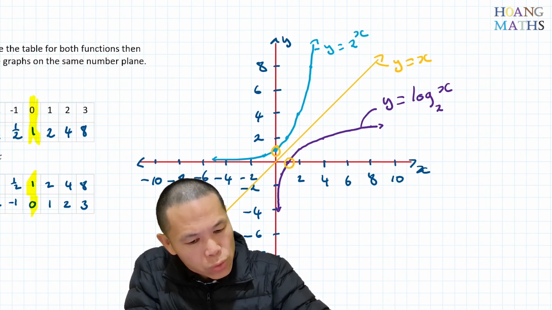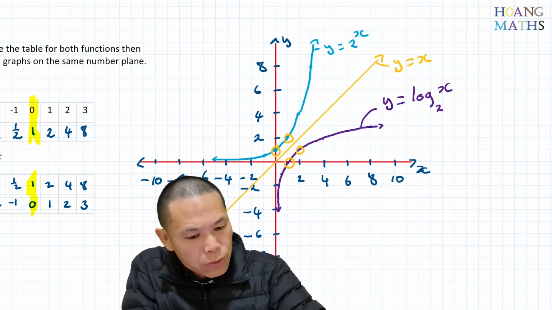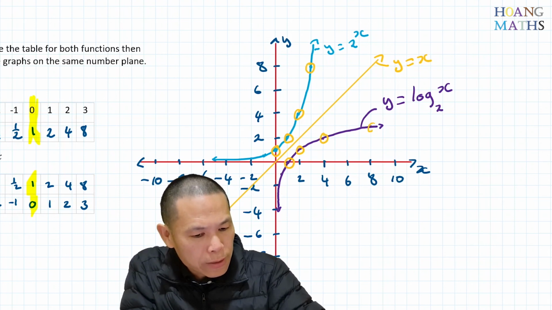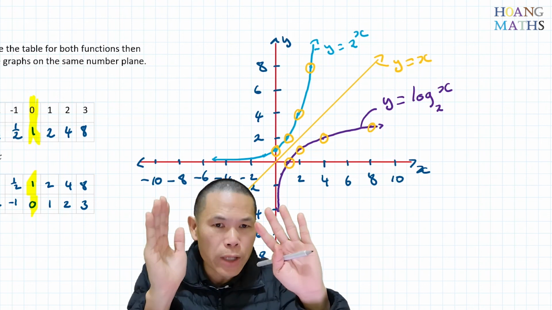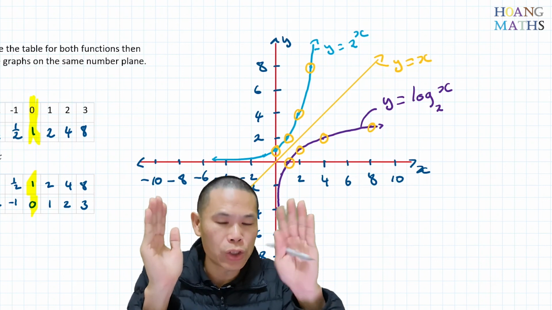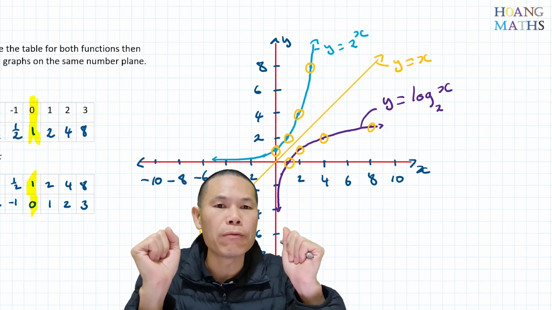And 1, 2 becomes 2, 1. And 2, 4 becomes 4, 2. And then 3, 8 becomes 8, 3. See? So it's the x value and y value that interchange. Just keep that in mind for me. So inverse functions interchange the x and y values.